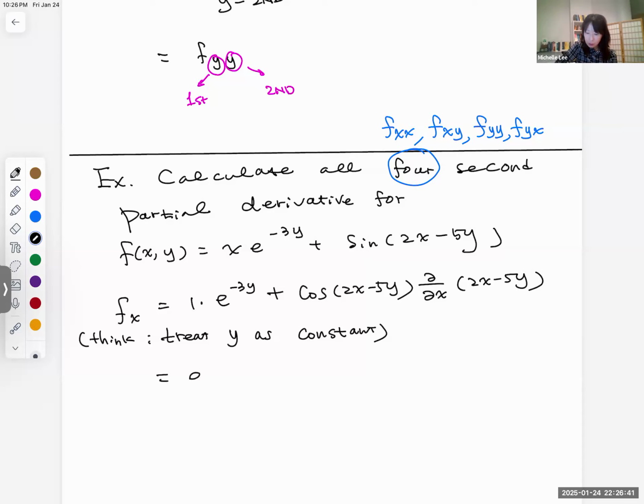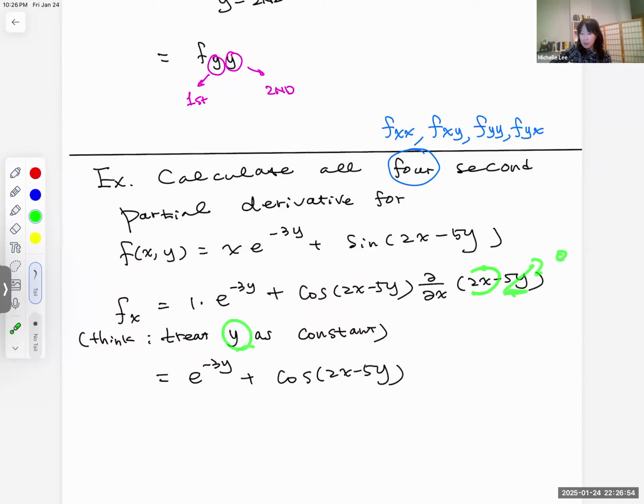So that will be e to the negative 3y plus cosine of 2x minus 5y. And y is constant, so this is 0. And the derivative of 2x is 2, so let's write down 2 here to save time. Make sense?